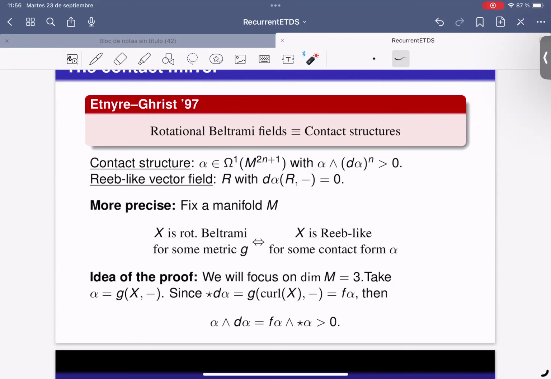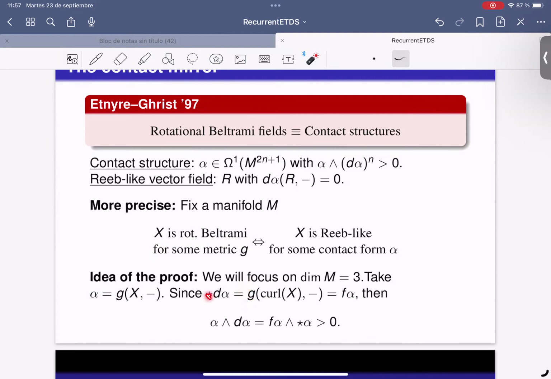Suppose that you give me a vector field X with a metric g that makes it a Beltrami field. Then consider the dual one form, and now you compute. By definition of curl, the Hodge star of d alpha is g of the curl, but the curl is f of X. So you have f here, and then you get g of X, and this is alpha.